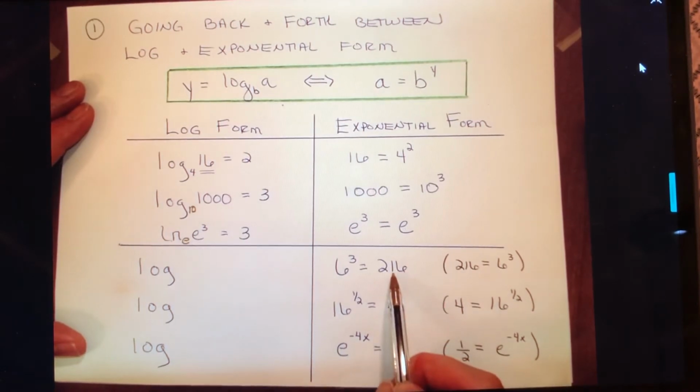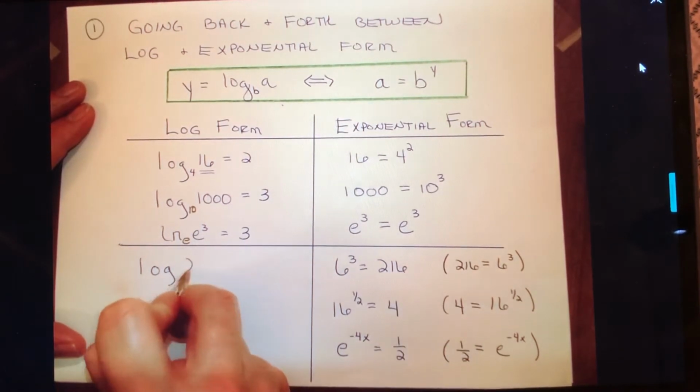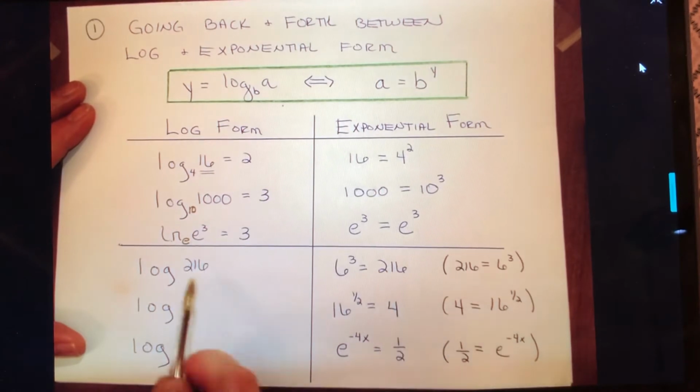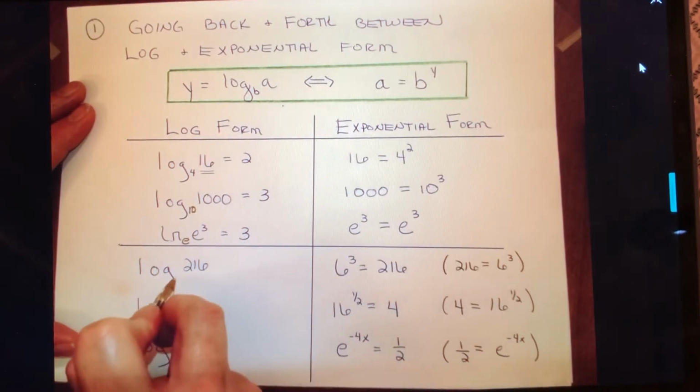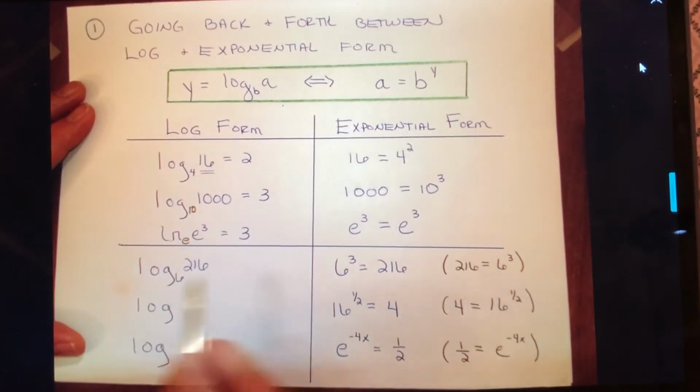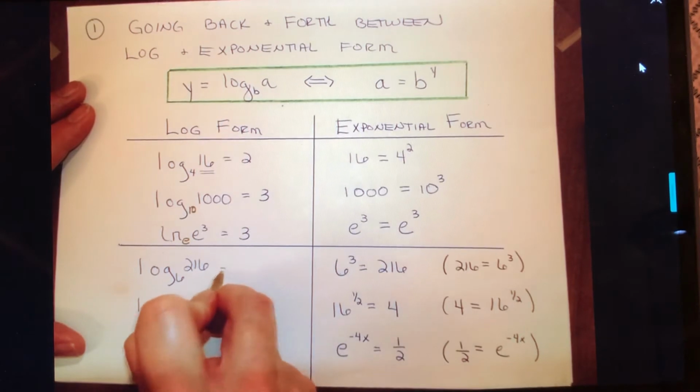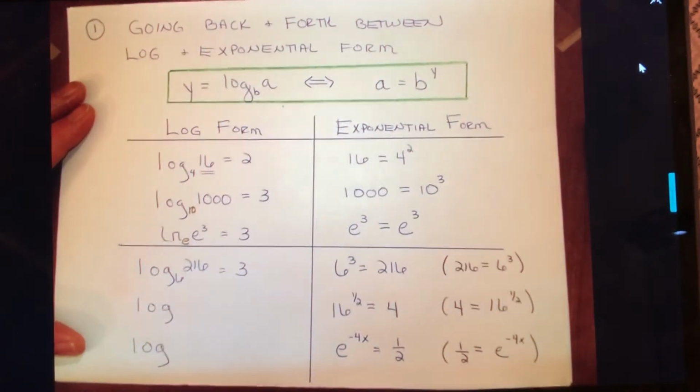The item that was by itself, that gets embedded inside the log. This is the base of the exponent, so it was the base of the log. So there it goes. And the power is what used to be by itself if we'd written it as a log. Okay, so the same thing applies for these next 2.